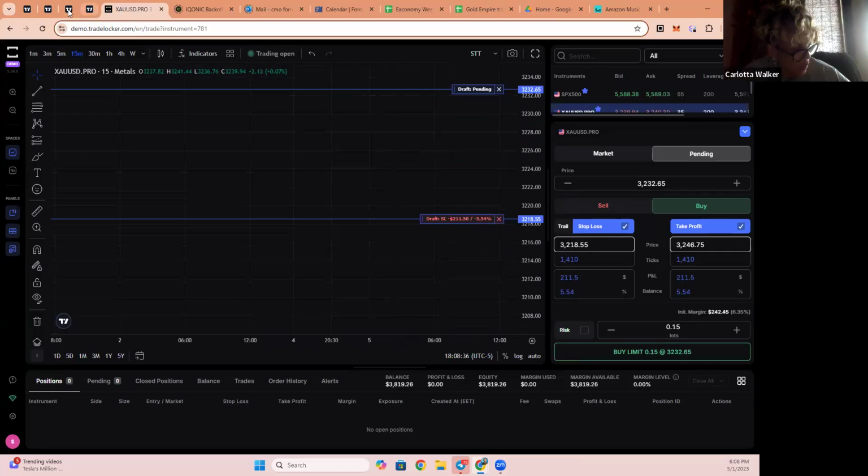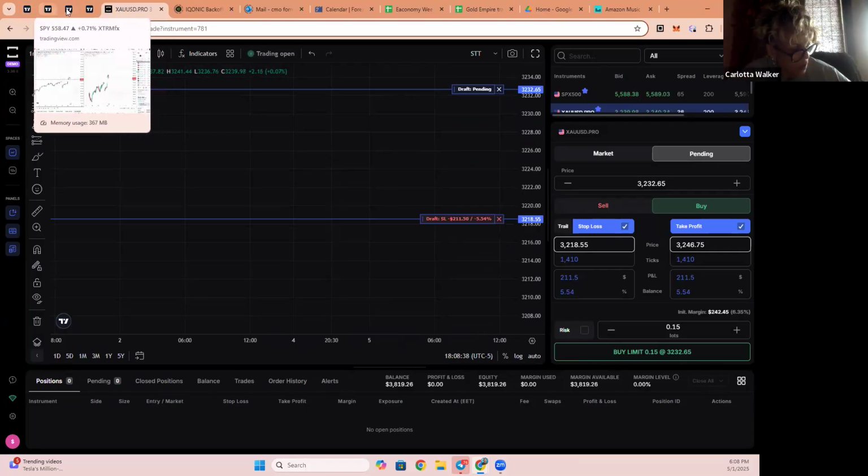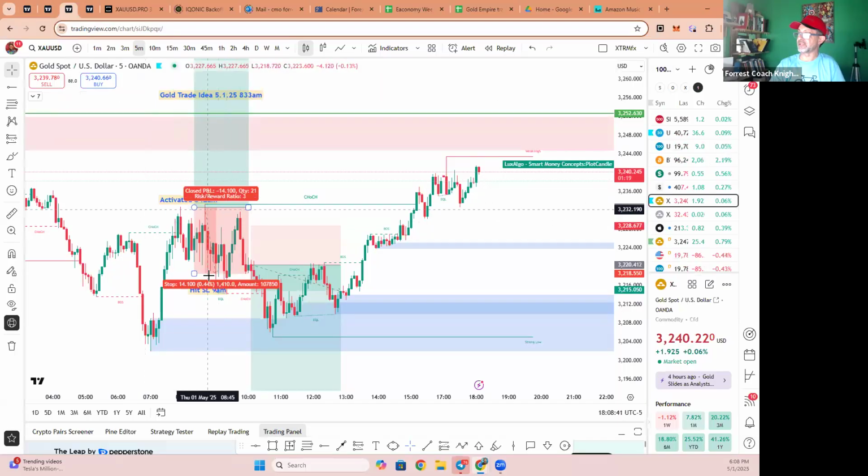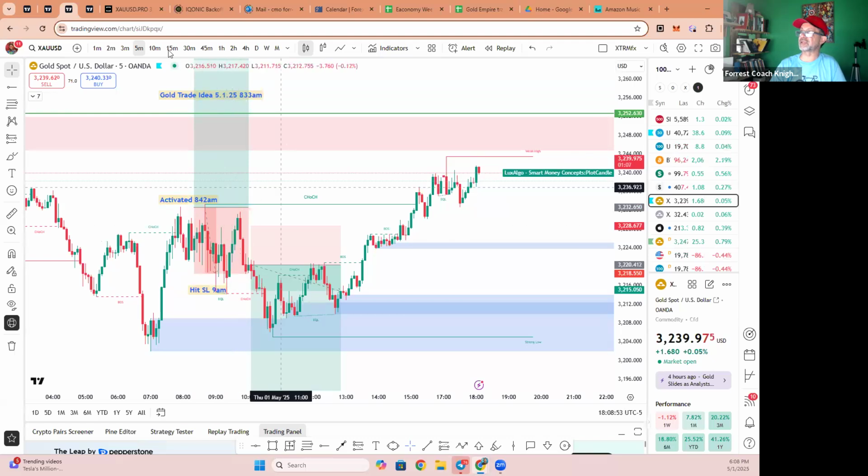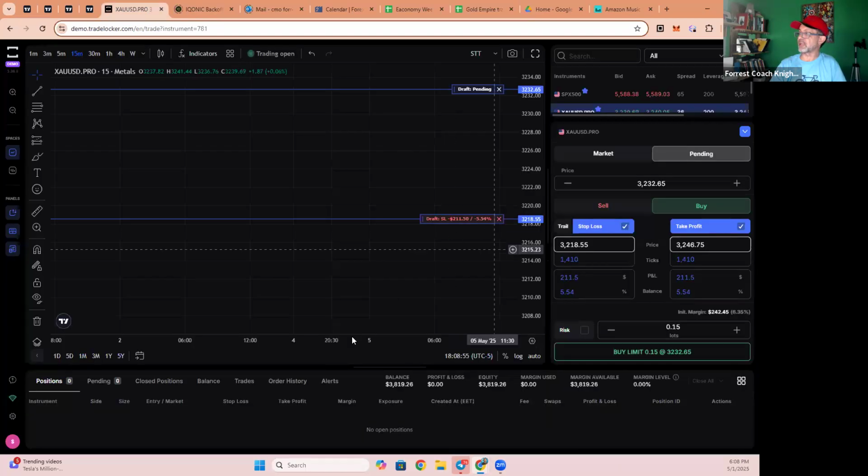In other words, if it does this, am I okay with losing $211 if this trade doesn't go in this direction, at a 0.02 lot size? And that's a question you just have to ask yourself based on your account balance. What is your account balance? Am I okay with losing?